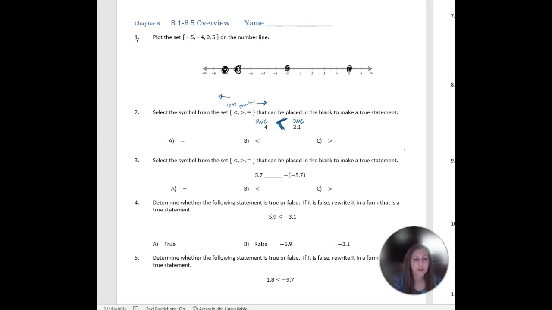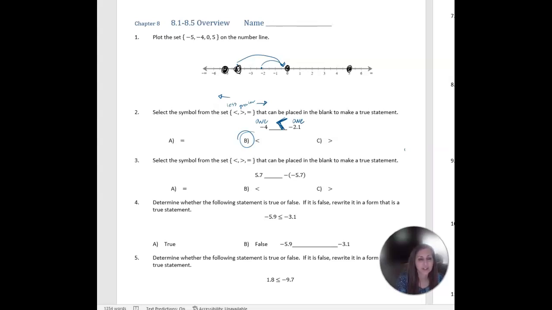Now, if you look at it up here, -2.1 would be about right there, where that tiny blue dot is. -4 is down here. So you can see that -2.1 is closer to 0 than -4. Now, as I said, would you rather owe someone $4 or would you rather owe someone $2.10? So the answer to this one is B. It is less than. 5.7 versus.